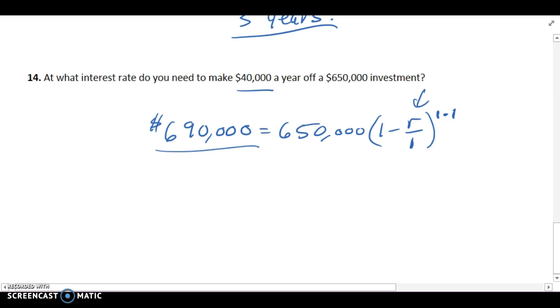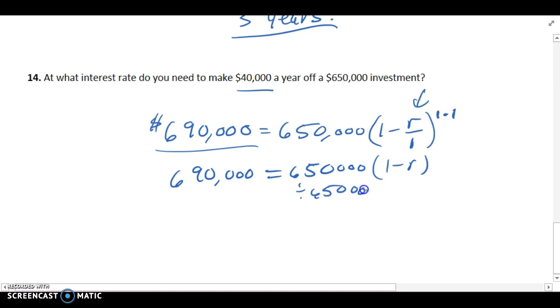So there is a way to solve this. Yeah, we could actually just solve this. So we have 690,000 minus 650,000, and then let's take all these 1s out. Right? So the power of 1 I don't need. Then we can divide off the 650.